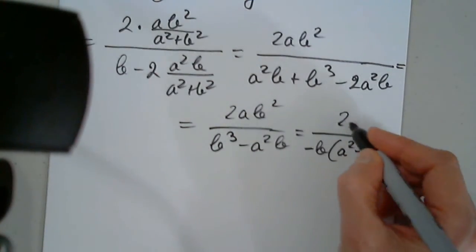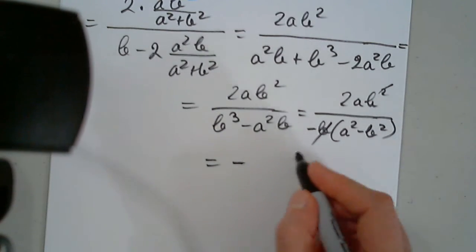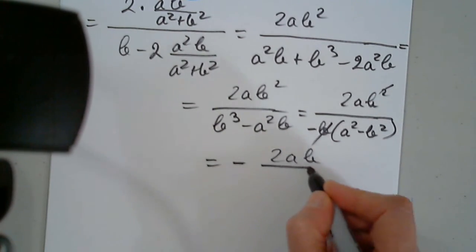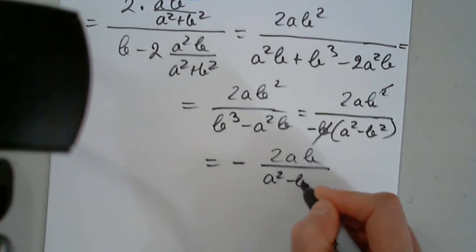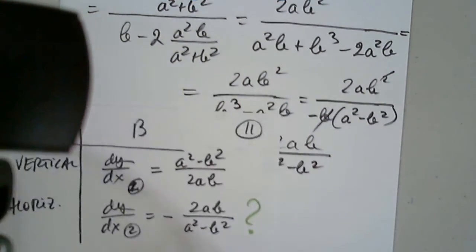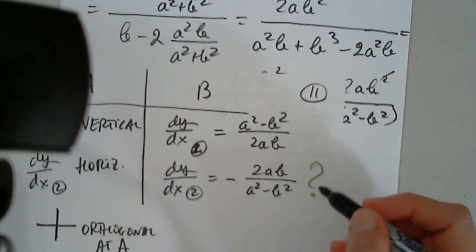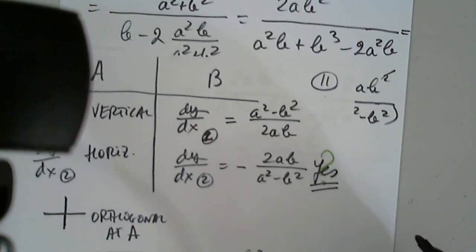And then the top is 2ab squared. A b goes away. I have a negative in front. I have 2ab over a squared minus b squared. And now the moment of truth. Negative 2ab over a squared minus b squared. So I'll say yes, I checked.